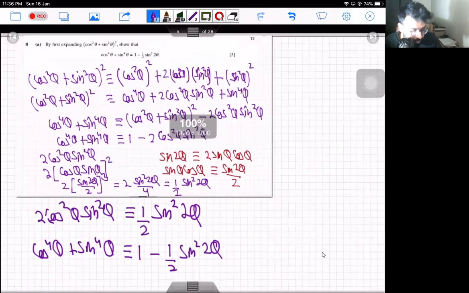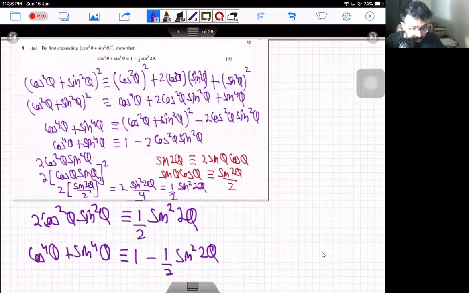And therefore we have proved this identity, and this part A was worth 3 marks.